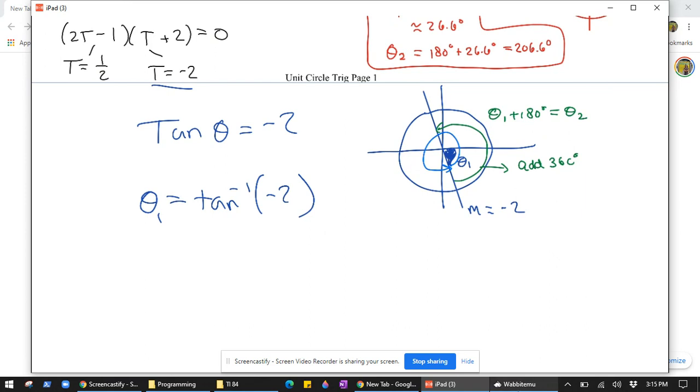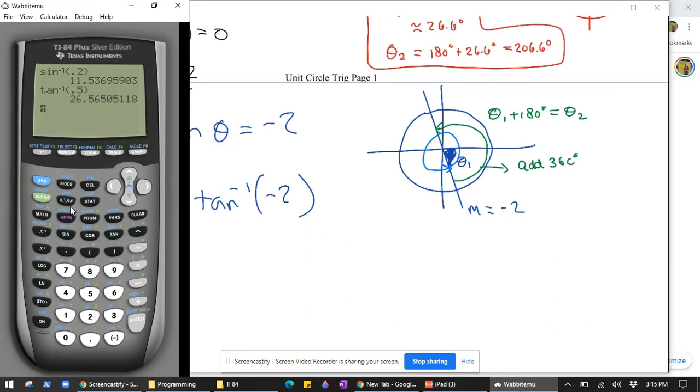So we go on our calculator and we do tan inverse of -2. We get -63.4. I'm going to add 360 to that to put it in the right interval. That's 296.6 degrees.